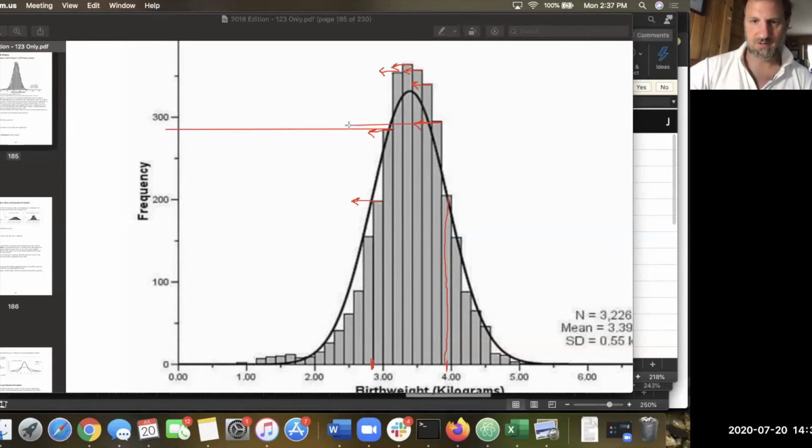Okay. So what I want you to do is I want you to estimate how tall these bars are. And I want you to add up all of the babies in all of these bars and draw lines across to help you. Now it's a pretty big scale.